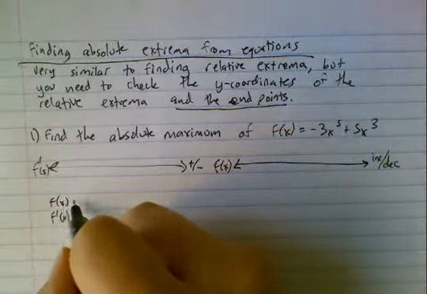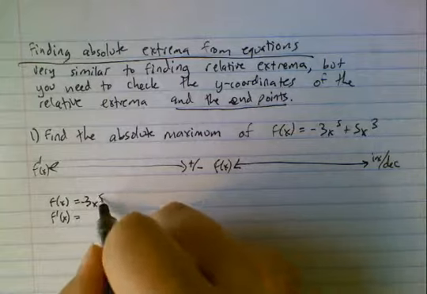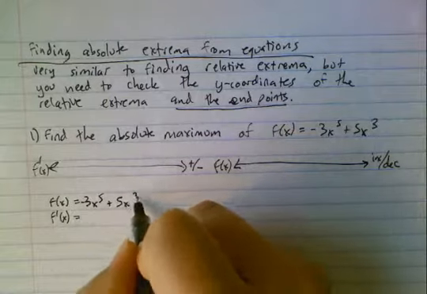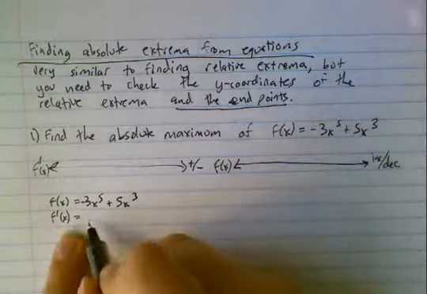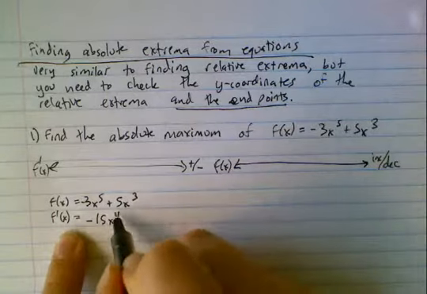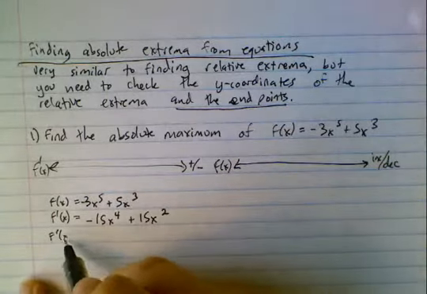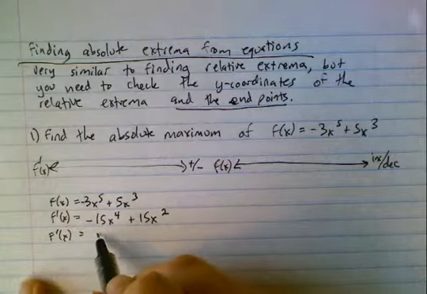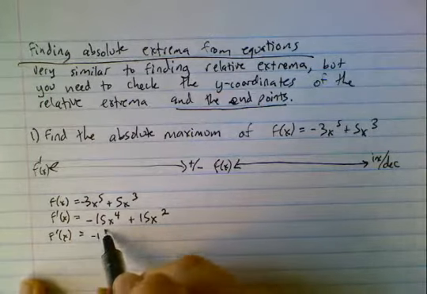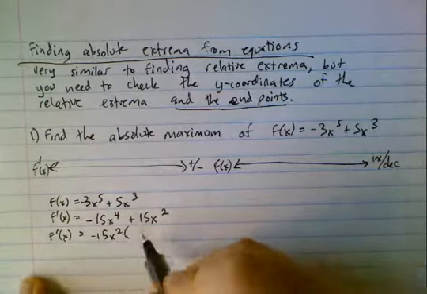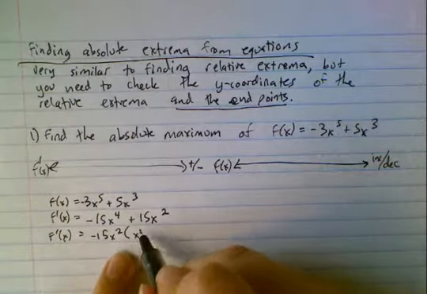We know that f of x equals negative 3x to the fifth plus 5x cubed. So that means f prime of x is going to be negative 15x to the fourth plus 15x squared. We can factor. Let's factor out negative 15x squared. So that's going to give us x squared right there.